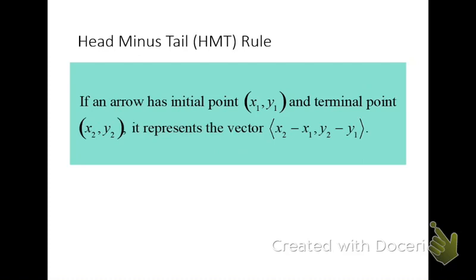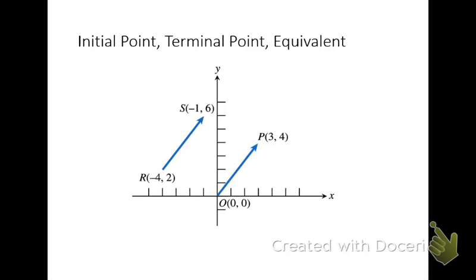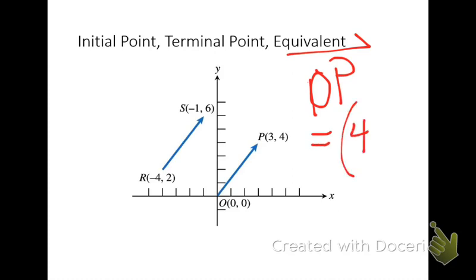And so we'll use it. For the x's, I subtract final minus initial, and final minus initial for the y's as well. Let's go back and look at these two over here. For my vector OP, because we start at the initial point when we label it, this vector would be written as 3 minus 0, and we're going to start all over.